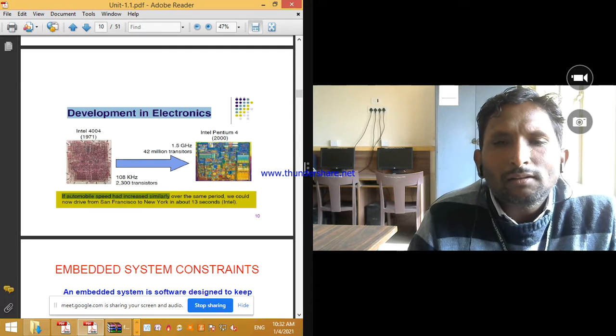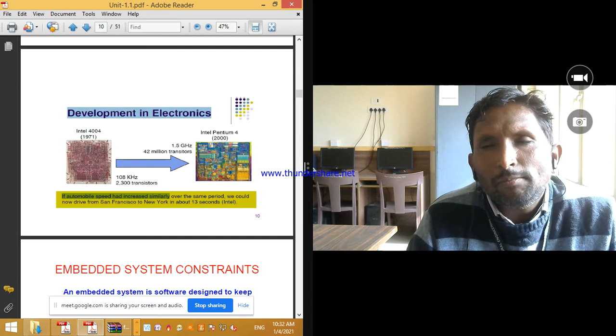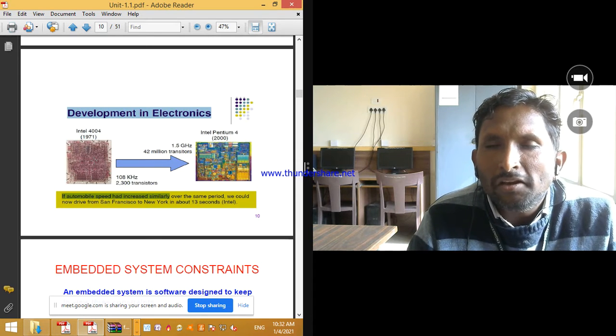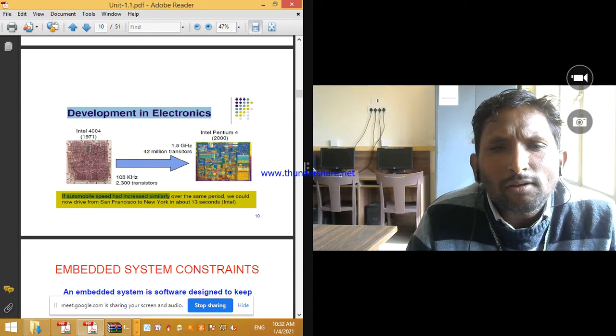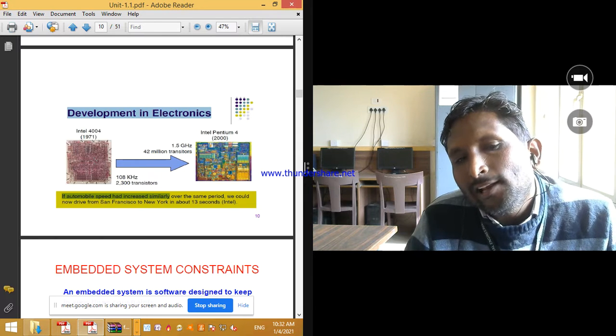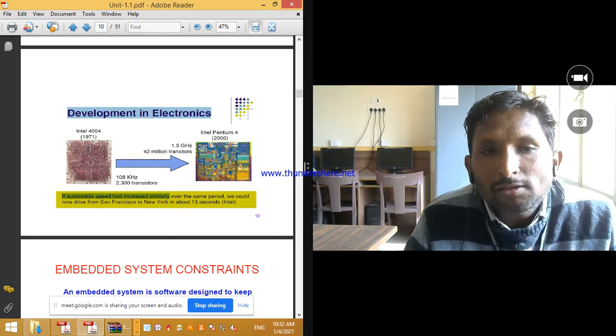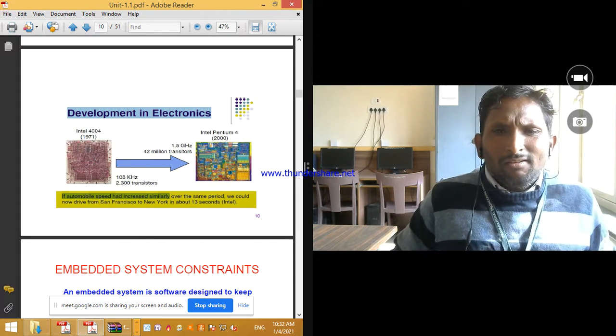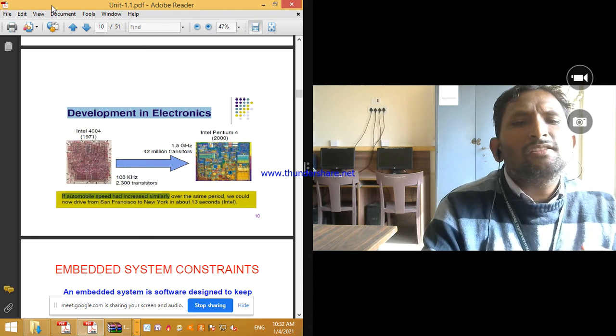Because nowadays, if you want to execute programs on an embedded system, it does not take too much time to execute and gives the answers to the users in a very fast way. That is the requirement of today's electronics-savvy generation. But how the changes occurred, to show this concept I am showing this image to you.